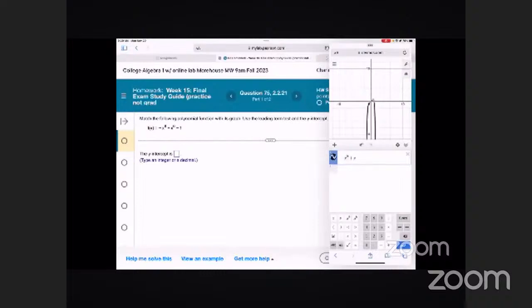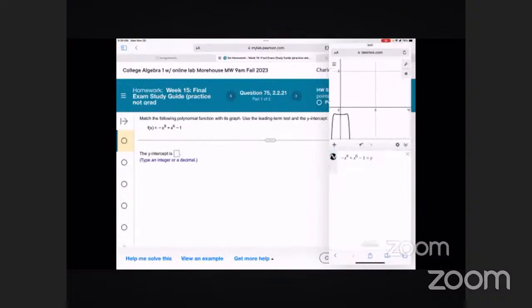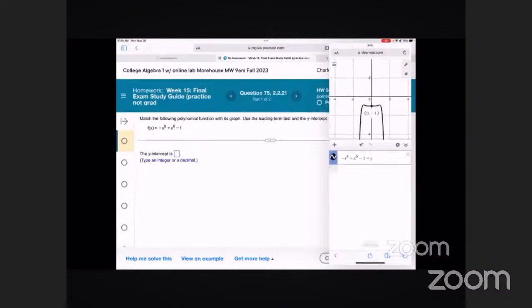All right, y-intercept. So we have the y-intercept here. 0, -1. Integer or decimal, so just -1. Okay. And the graph should be D.